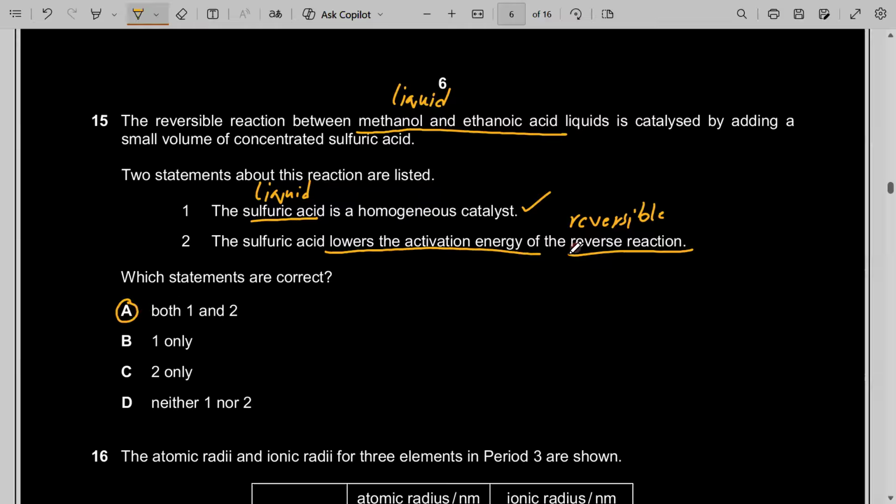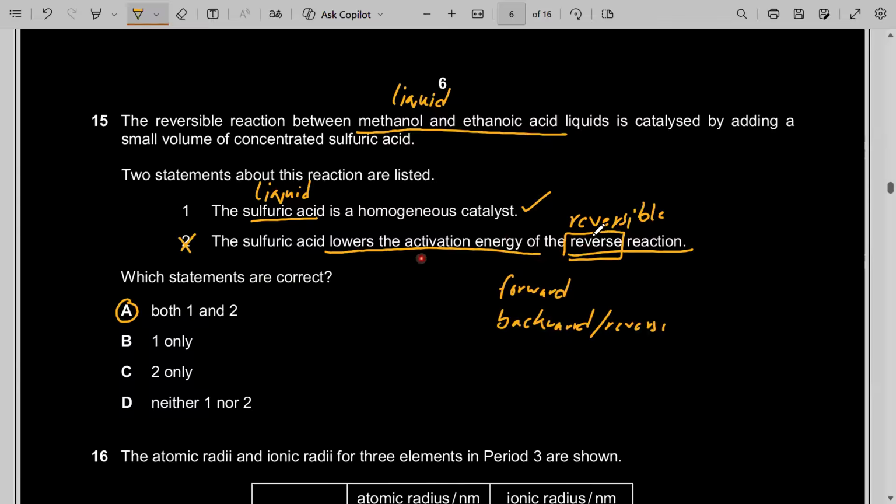But if you follow the word reverse, then according to that, statement 2 becomes incorrect, because the catalyst does not just lower the activation energy of only one direction, rather it decreases it for both directions, forward as well as backward. Both are lowered in energy, forward and backward. Backward has a second name of reverse.